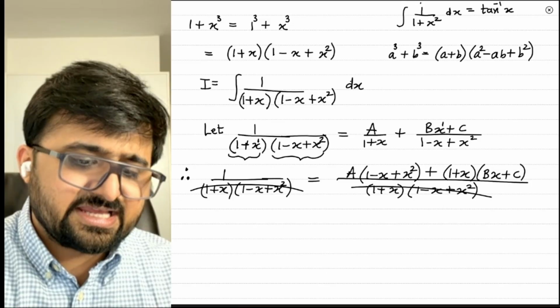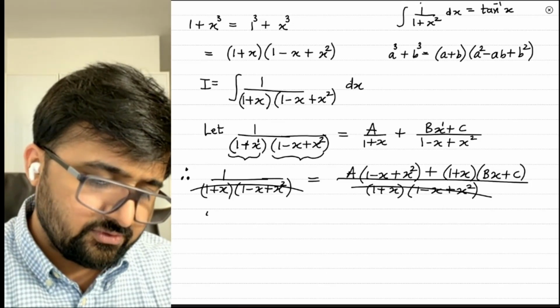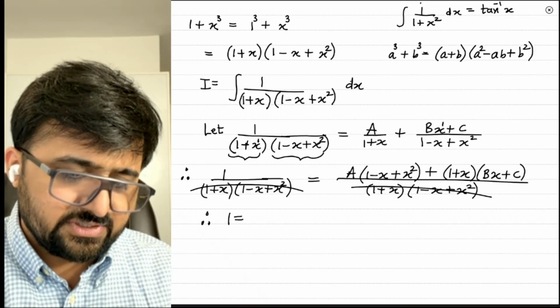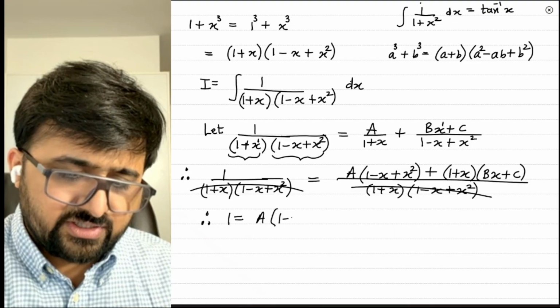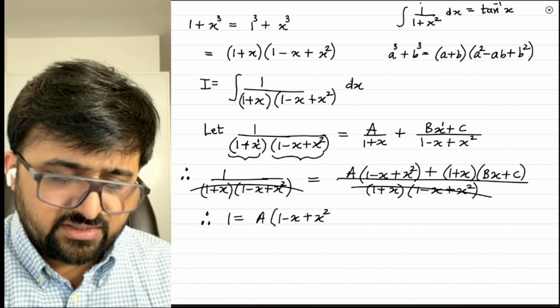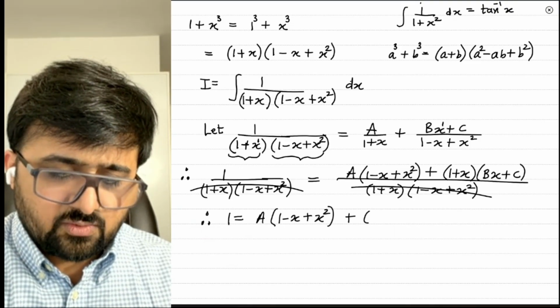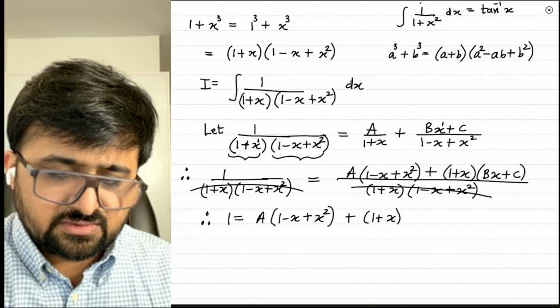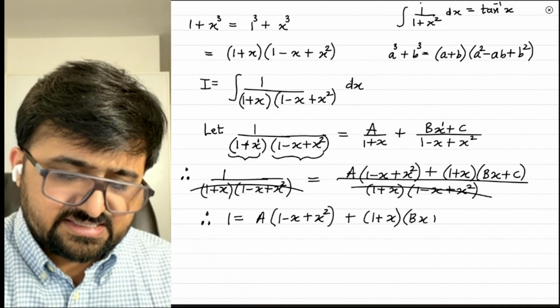This and this will get cancelled here. So we will be left with 1 is equal to a into 1 minus x plus x square plus 1 plus x into bx plus c.